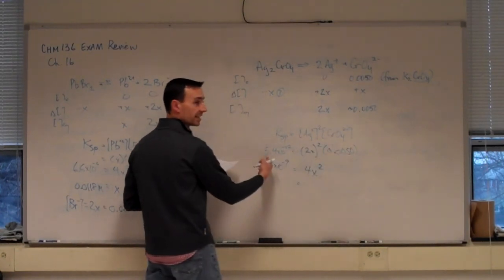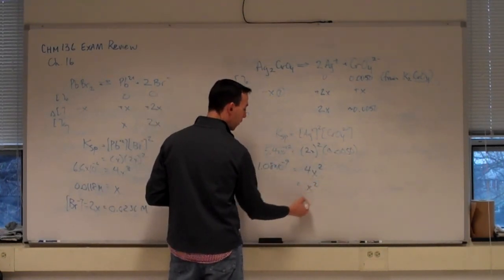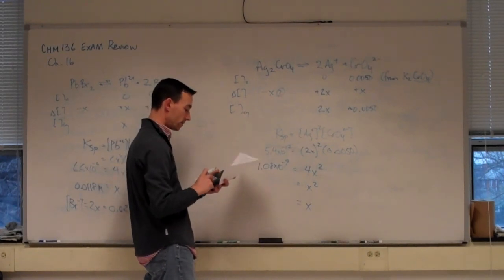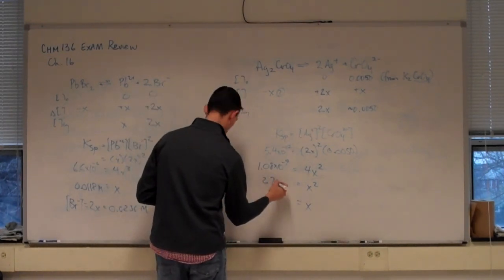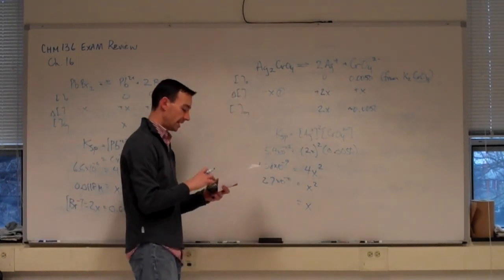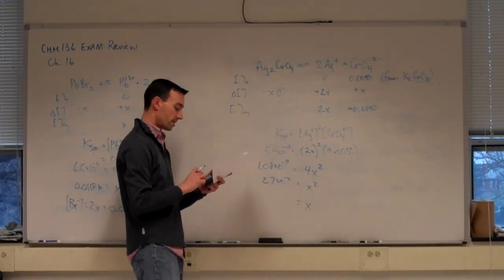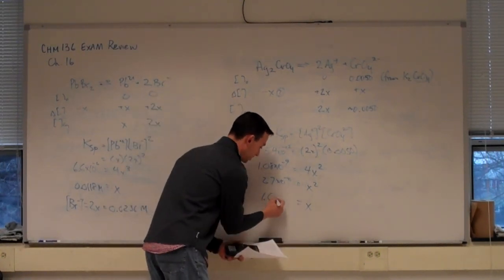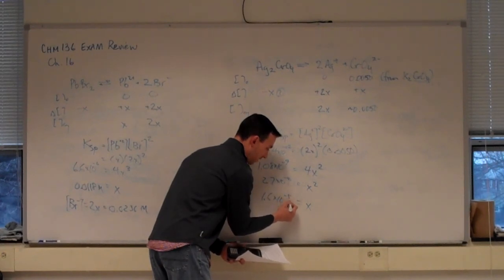I just chose to divide this over here. Now I divide by the 4, and it's 2.7 times 10 to the negative 10. And then when I take the square root, I get 1.6 times 10 to the negative 5.